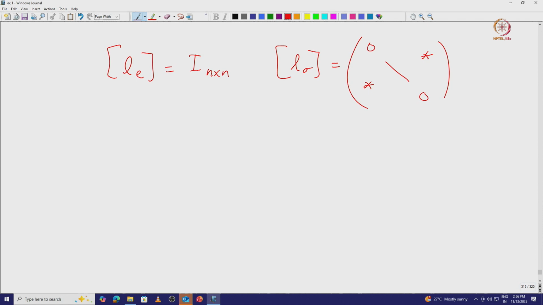So, in particular the trace of L E is exactly n, and the trace of L sigma is exactly equal to 0. So, this immediately gives us the following observation.